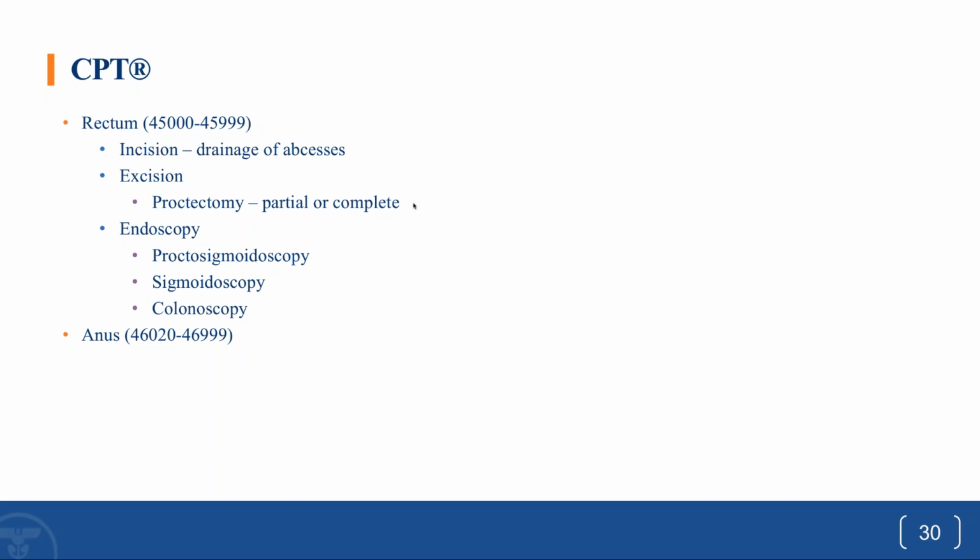Excision means you're removing it. Proctectomy, see? Partial or complete, you need to know. And where it has endoscopy and it has proctosigmoidoscopy, sigmoidoscopy, colonoscopy, I just saw those. If you look on page 289, they have the definitions there for those terms.